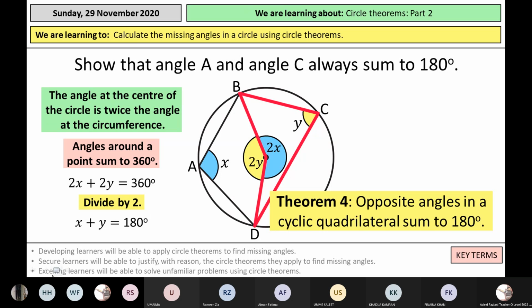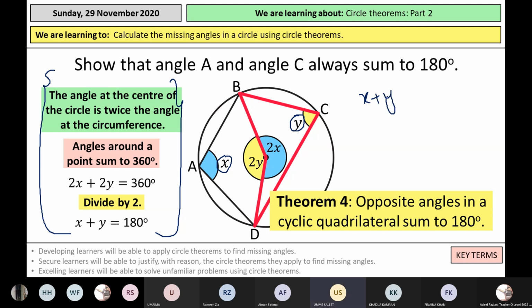Opposite angles are equal to 180 degrees. This is the reasoning behind the cyclic quadrilateral property. However, you need to understand the opposite angles. For example, y plus x is equal to what? x plus y is equal to 180.